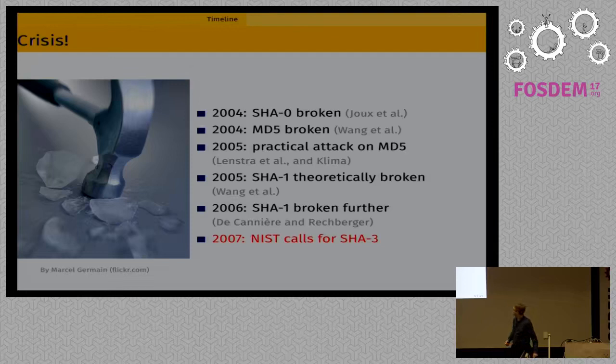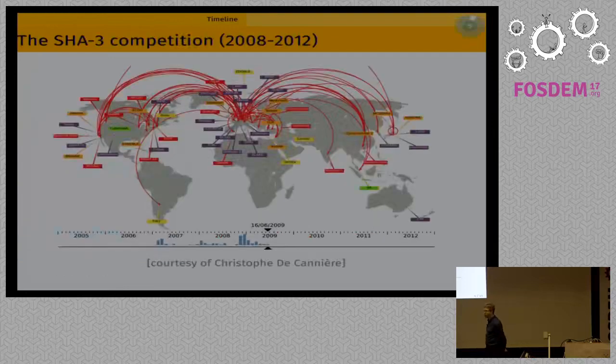So between 2008 and 2012, there was indeed a SHA-3 competition. It was an open competition in the sense that every design was public. Everyone was forced to, of course, give the rationale of the design and give some open source implementation of it. And every team was allowed to try to break and try to attack any competing design.